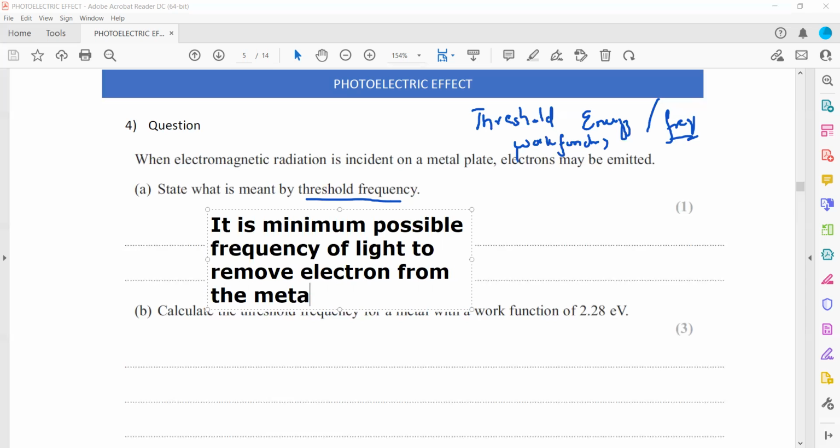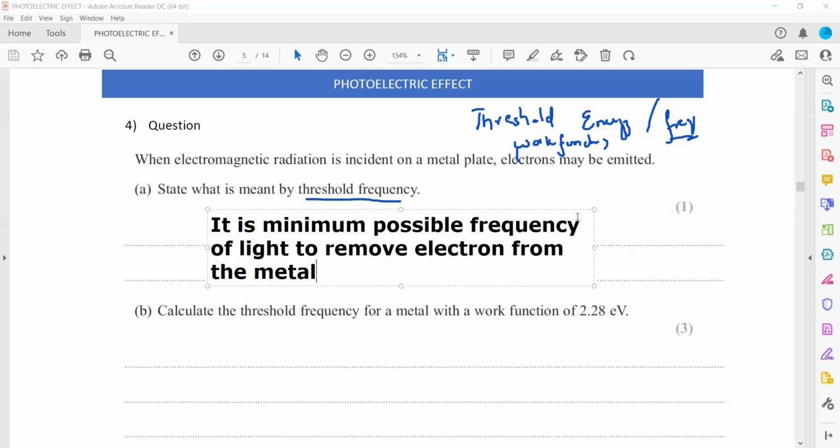So how much frequency do we need to remove an electron from the metal surface? We call that the threshold frequency. And how much energy do we need to remove an electron from the metal surface? We call that the work function. Calculate the threshold frequency of a metal with a work function of 2.28 electron volt.